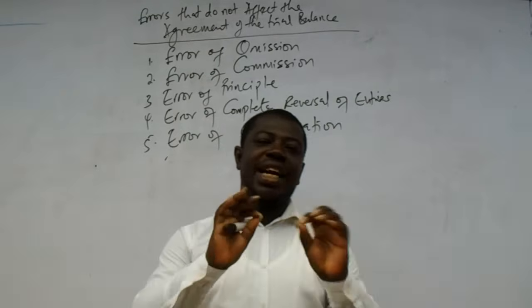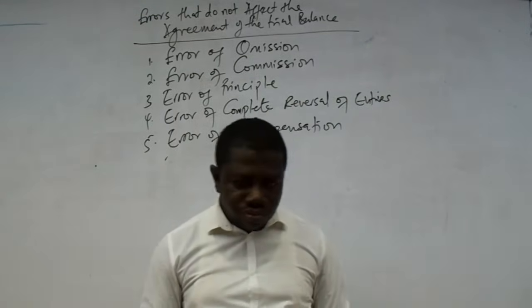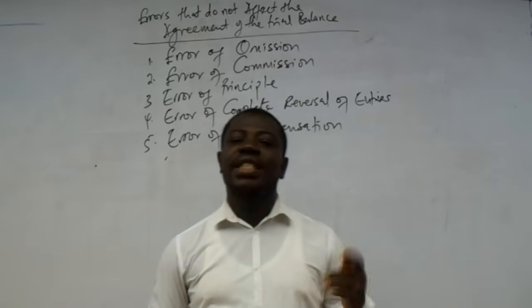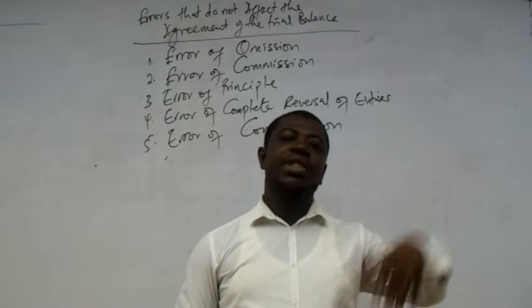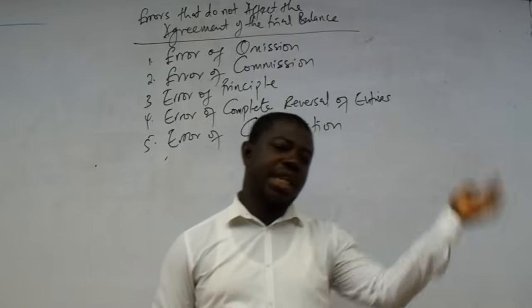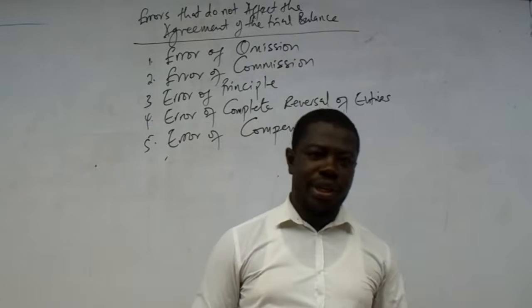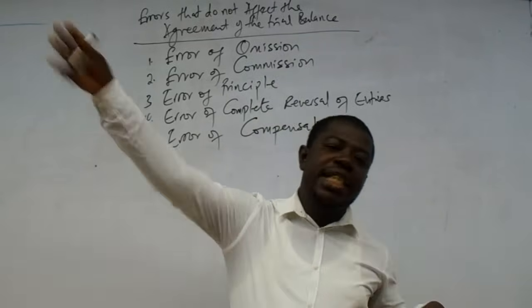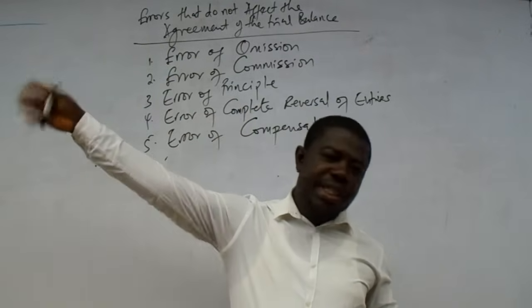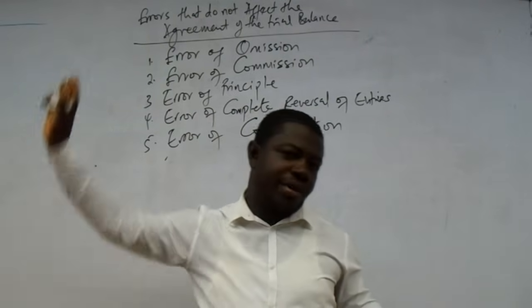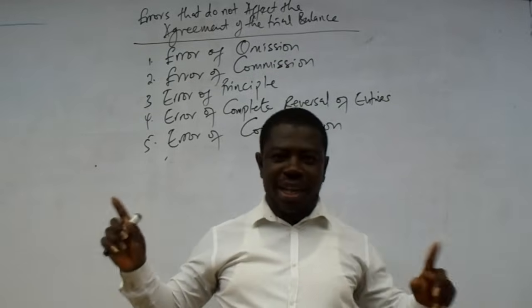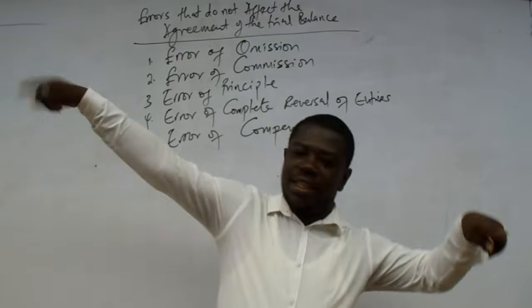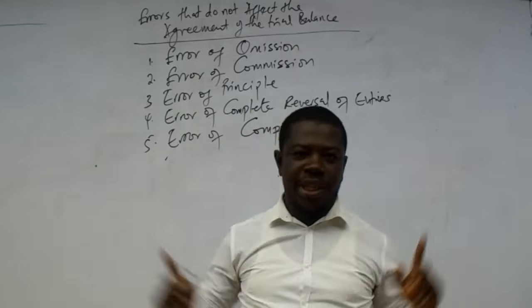So there's a cancellation. For example, you overstated account A, the debit side of account A, by 100. Then there is an account C somewhere that by mistake also you credited with 100. You were not aware, but this error will cancel off that effect. So we call it compensation.